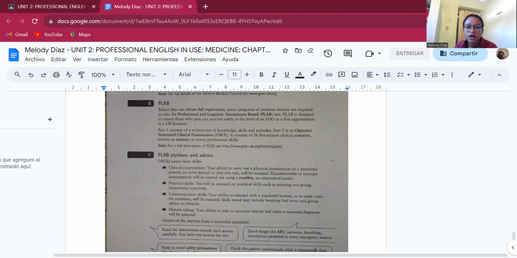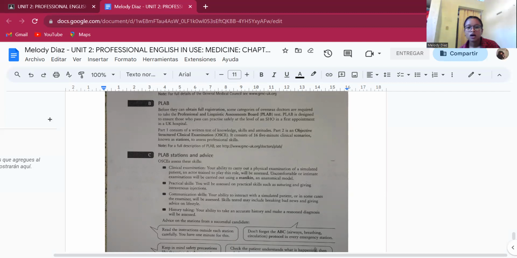PLAB is designed to ensure those who pass can practice safely at the level of an SHO in a first appointment in a UK hospital. Part 1 consists of a written test of knowledge, skills, and attitudes. Part 2 is an objective structured clinical examination, OSCE.